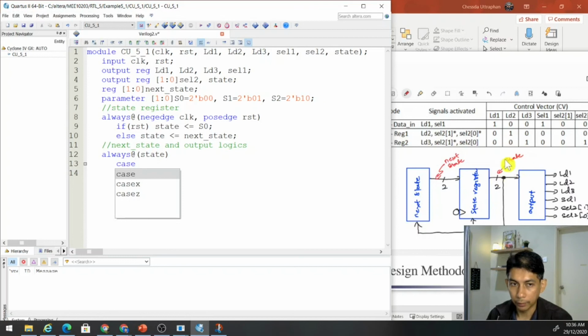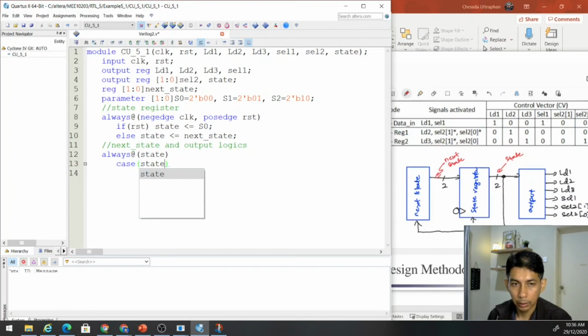All right. And we can use a case statement, right? So case for the state: if we are at 0 0 or state at 0, what happened? If 0 1, what happened? If 1 0, what happened? So we can use case state. All right, so when we are at 0 or 0 0, what should we do?